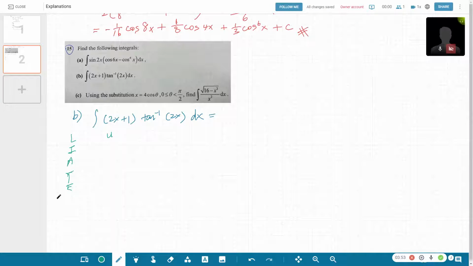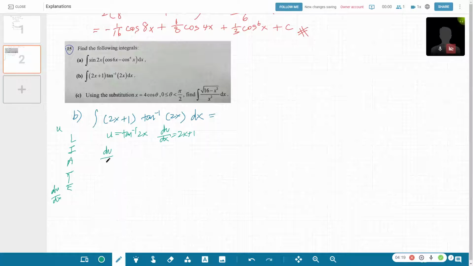Your dv dx will choose from the bottom, and then your u will choose from the top, in terms of ease of integration. So this is inverse trigo, which is under I. u will be equals to tangent inverse 2x. Not easy to integrate, that's why we differentiate it. And dv dx will be 2x plus 1.